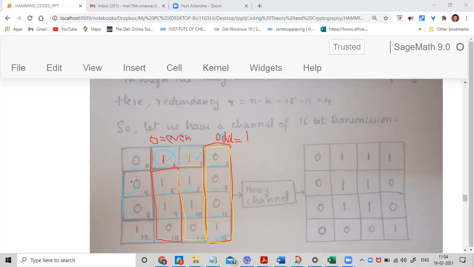Similarly, for this 0, I can see here 1, 2, 3, and 4, so we have an even parity here. Again for this last one, I have 1, 2, 3, 4. So this is what I am going to write.